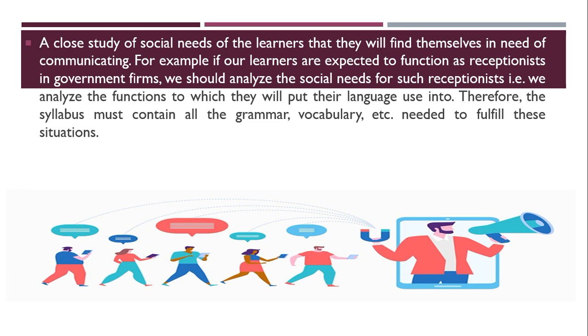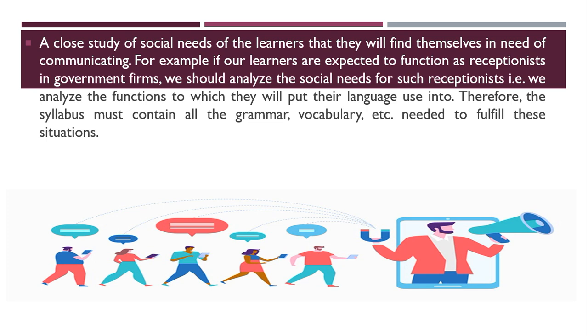Again, a close study of social needs of the learners that they will find themselves in need of communicating. I want to make money. My society needs to have certain manners. For example, it should be religious, between two quotation marks. For example, it has to abide by the law, follow the rules of the government.